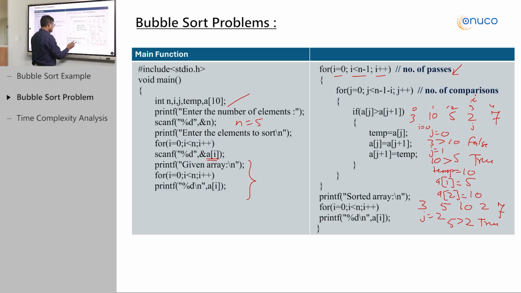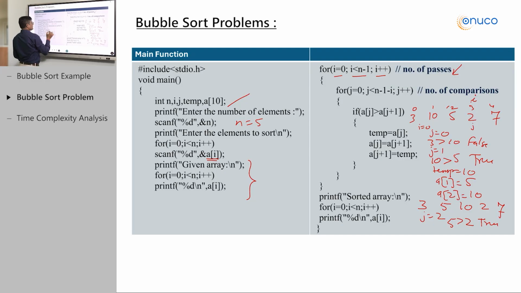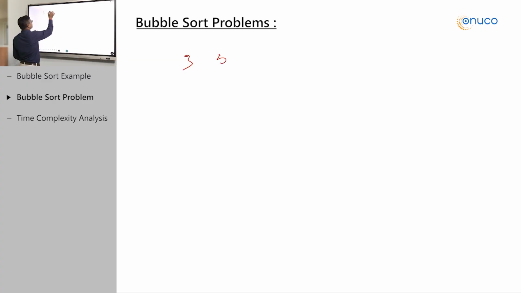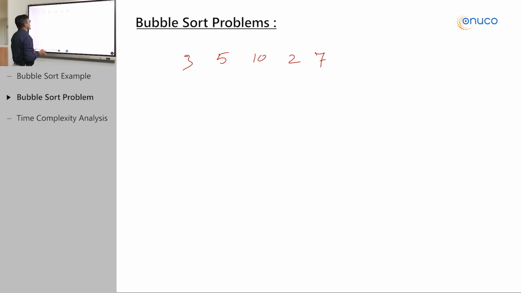So finally the answer will look like 3, 5, 10, 2, 7. Right? Indices 0, 1, 2, 3, 4.